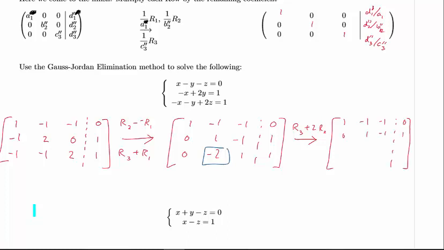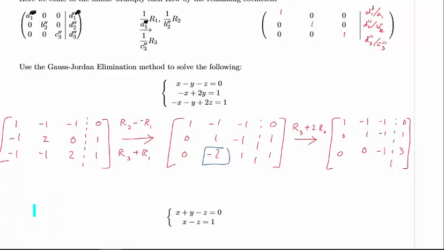Of course, these top two rows stay the same, and then the third row becomes 0 and then 0, because we're doing negative 2 plus 2 times this guy, which is going to be 0. And then the third element becomes negative 1 and then positive 3.